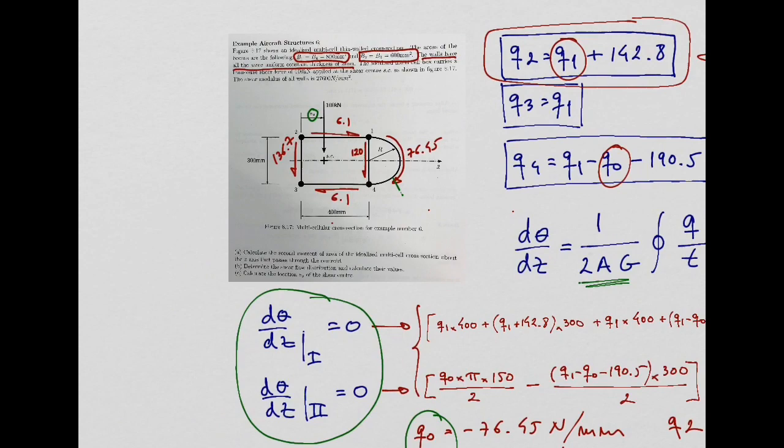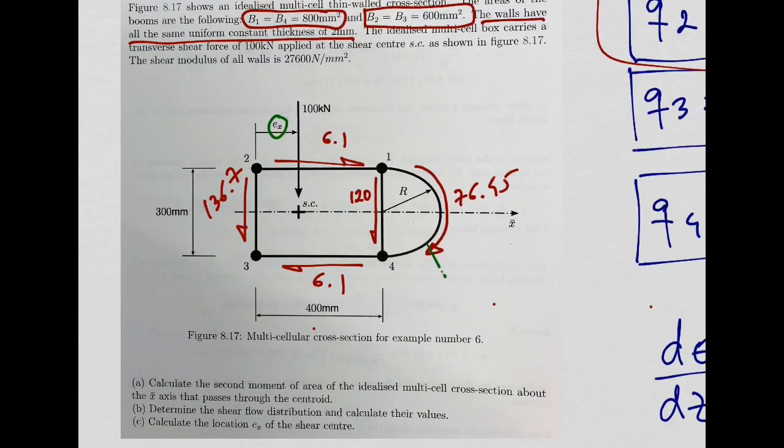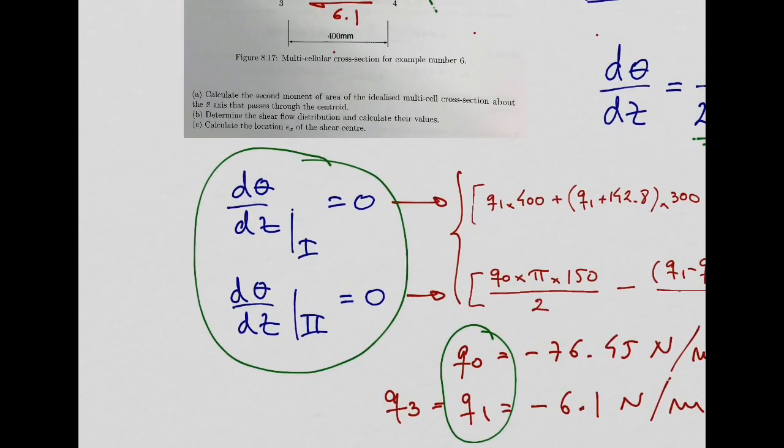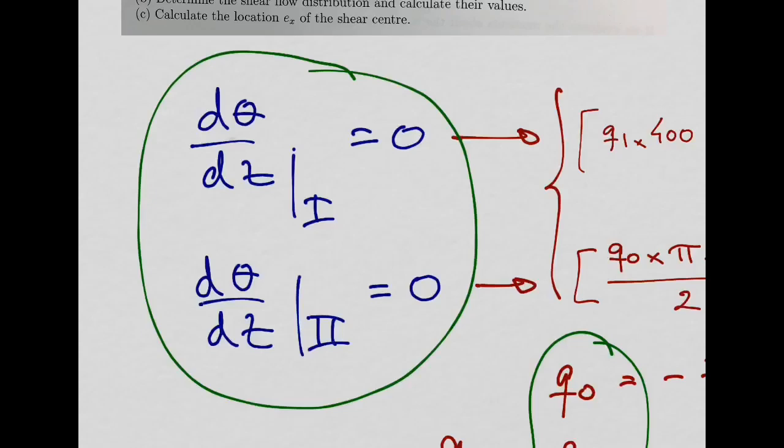On top of that, everything needs to be in equilibrium, always. So the location of the shear center will come from the moment equation, but you will get the right location essentially because of these two conditions that you applied before, okay?